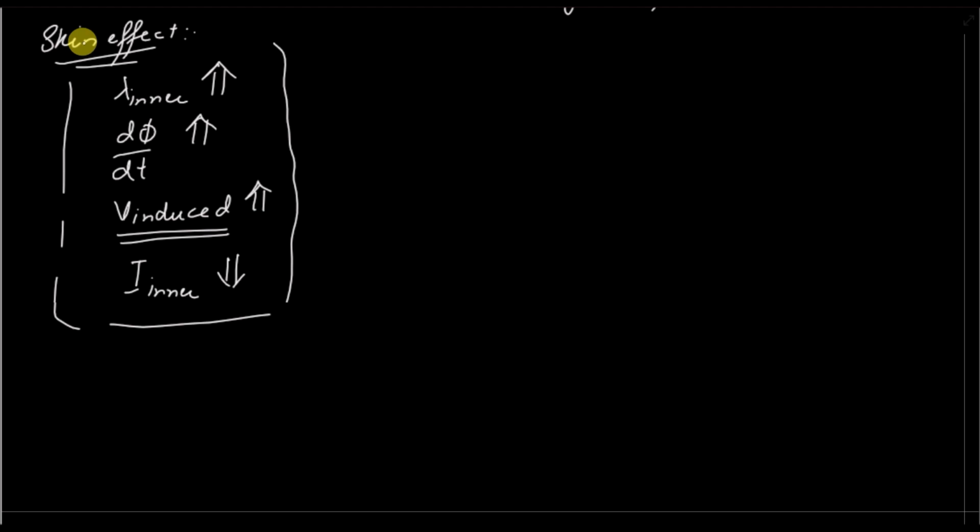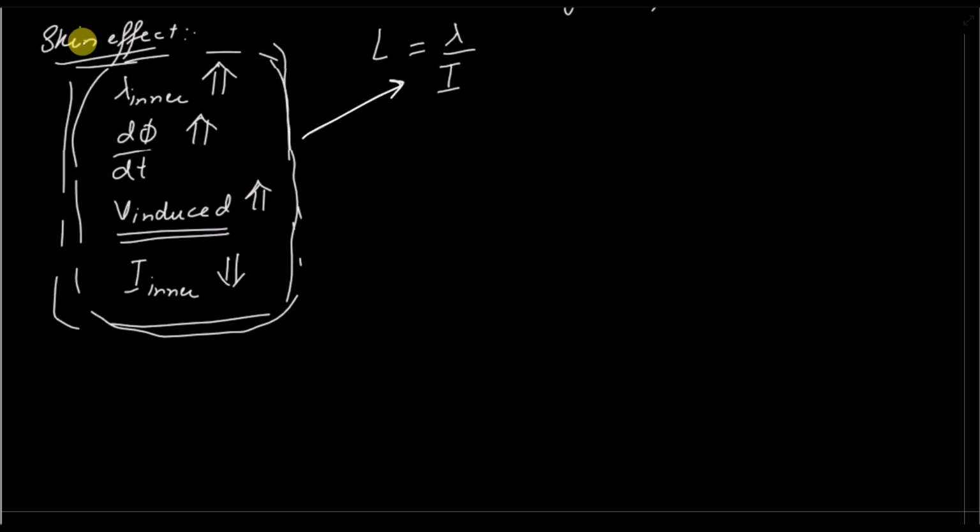And then there is another equation. We also know that L is equal to lambda by I. If I apply this concept in conjunction with this one, the flux linkage at the center of the conductor is larger.